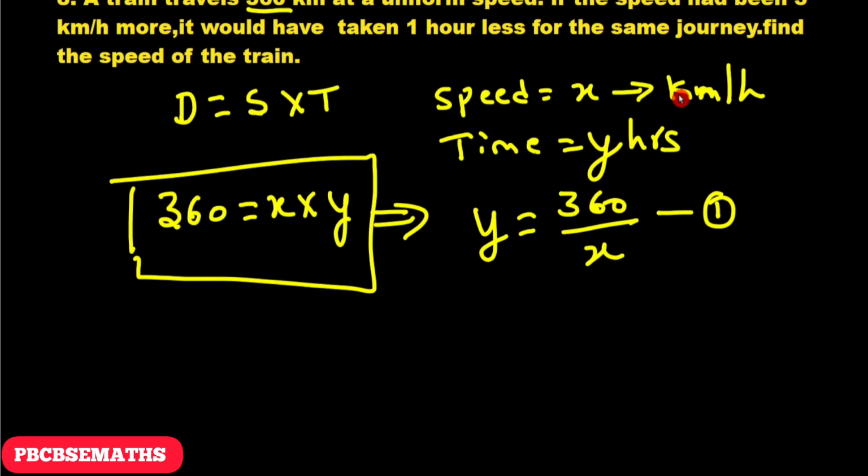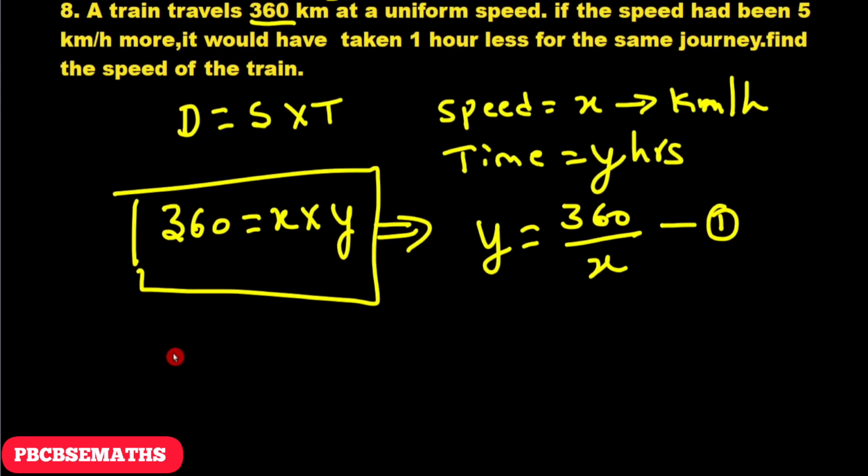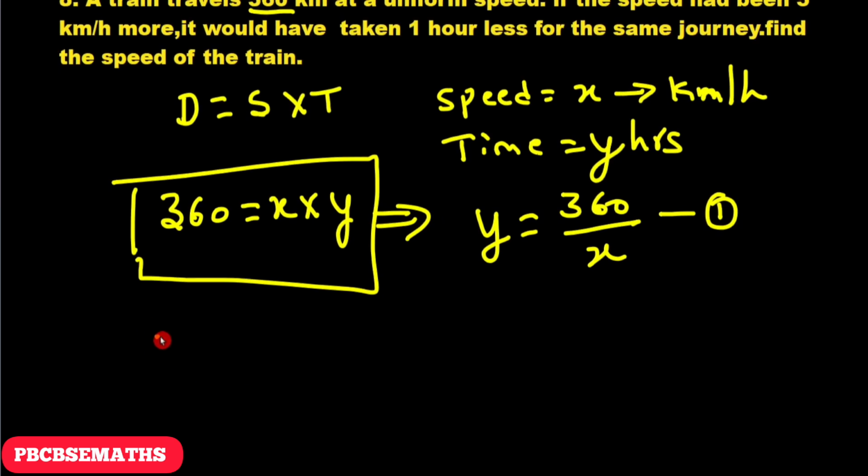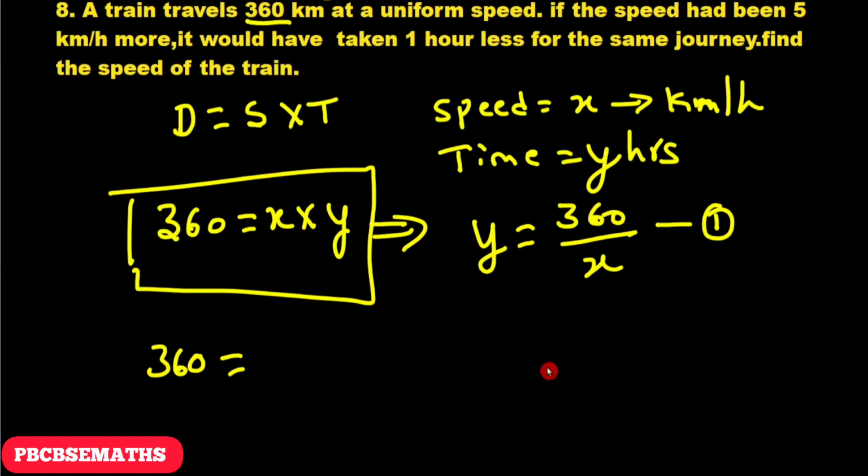Now it is given that if the speed had been 5 km per hour more, initially we considered the speed of the train as x kilometer per hour. So for the same distance 360 kilometers, if the speed of that train is 5 kilometer per hour more, it means we have to add plus 5 to this initial speed.